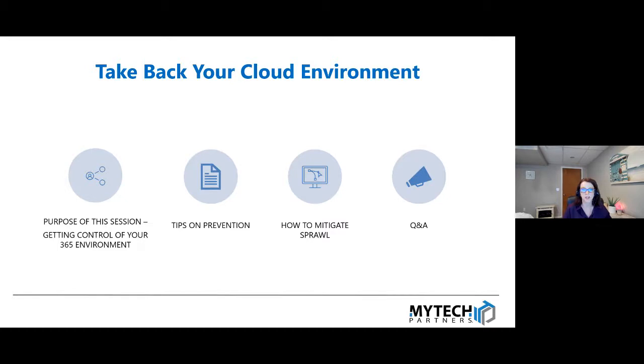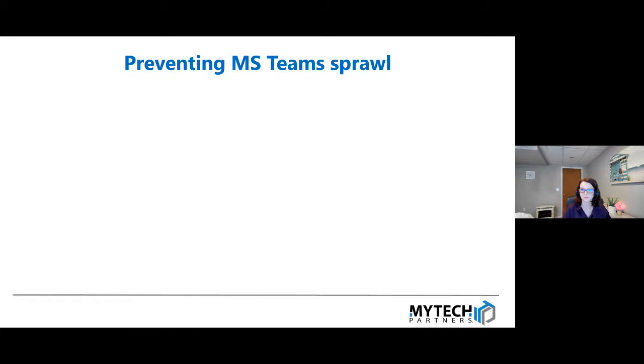One of the key factors there is if it's not intuitive, if it's really messy, if it's really confusing, then what typically happens is that users just stop using it, or they find alternatives which are maybe not the best alternatives, or there's just a whole bunch of frustration around it. So we're going to be looking at some tips on prevention, and then ultimately how to mitigate sprawl, and then we'll have a Q&A session at the end.